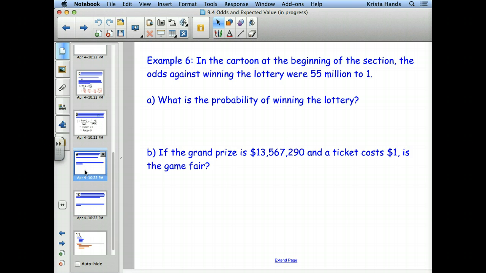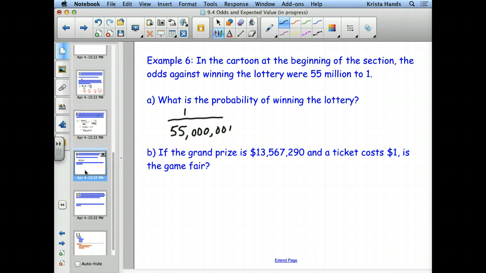1 over 55 million and 1. Did I get that written right?